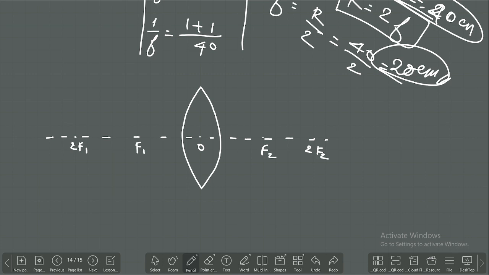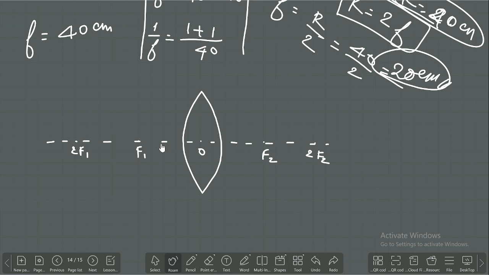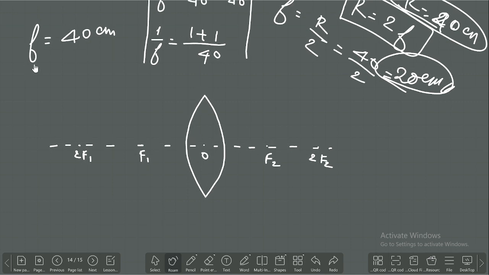In the question they said the object is shifted by 25 centimeter. So 40 minus 25, as we said earlier, is going to be 15 centimeter. That means the object is located between F1 and the optical center.